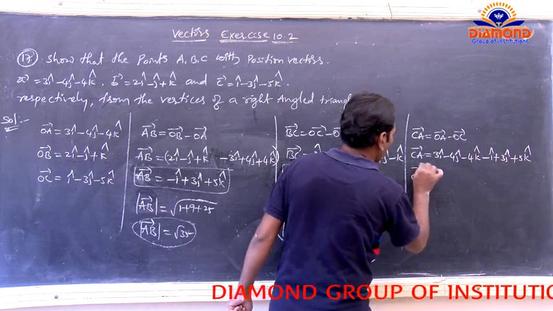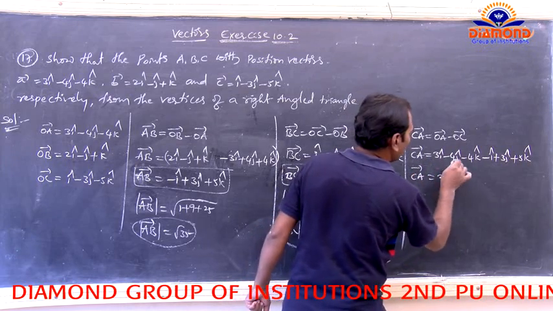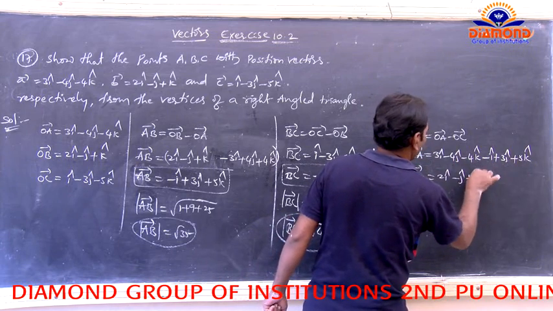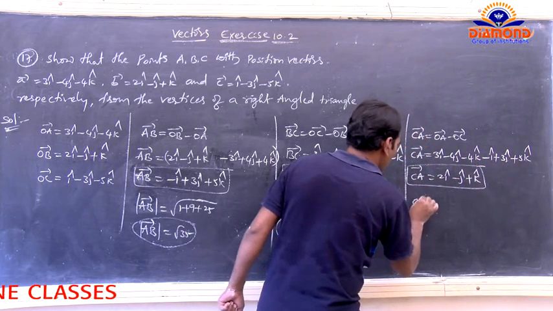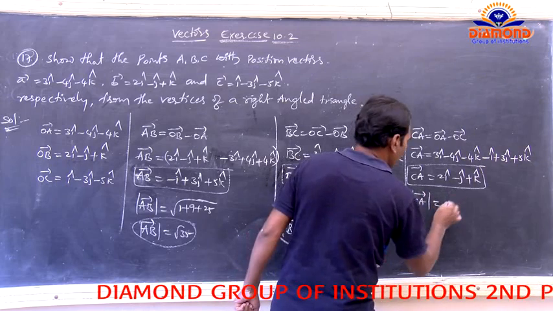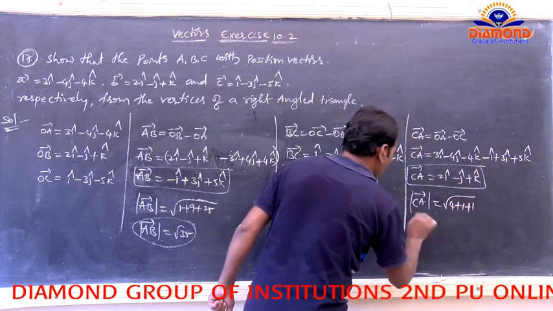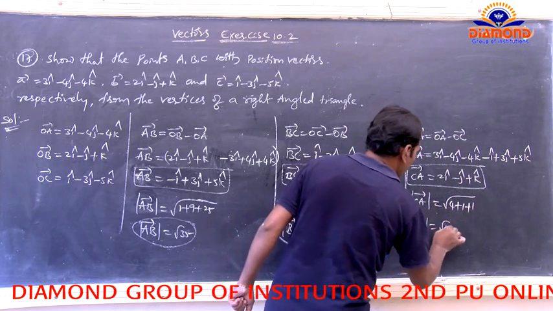So CA equals 2i cap minus j cap plus k cap. CA magnitude equals square root of 4 plus 1 plus 1, which is root 6.